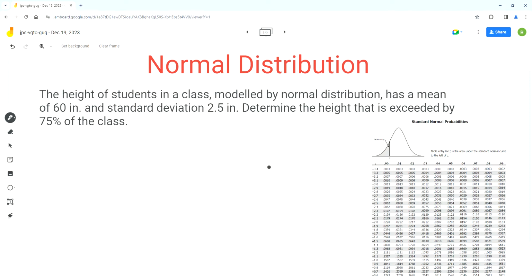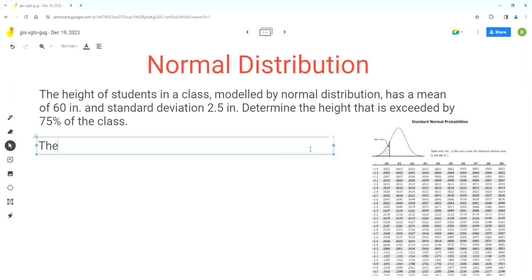Now I've put the z-score table on the board because we'll need it to solve this problem. One important thing we have to understand here is that we have to calculate the height that is exceeded by 75% of the class. That means this is also the height that exceeds 25% of the class.